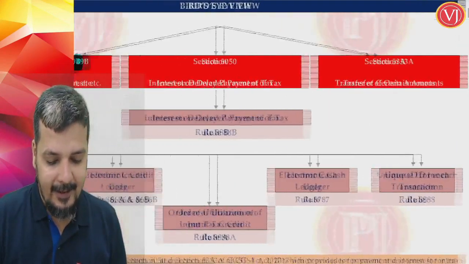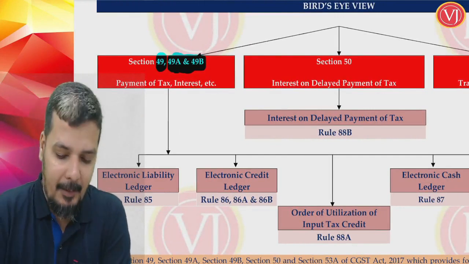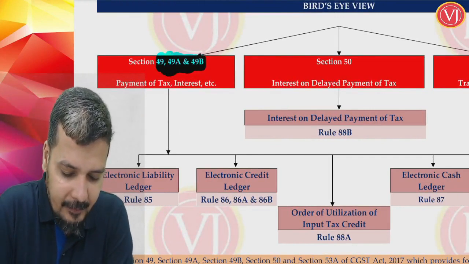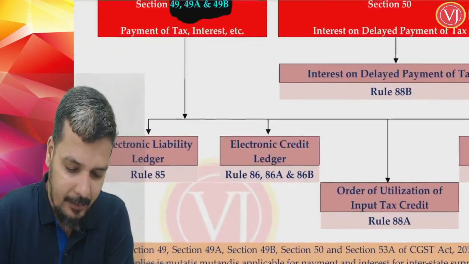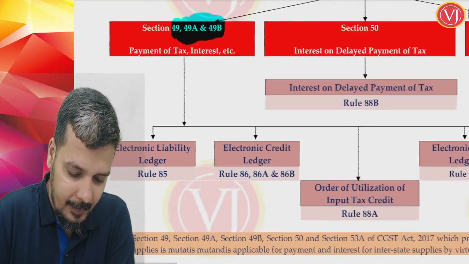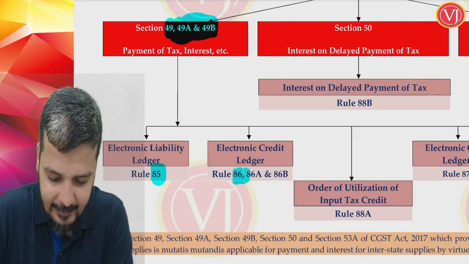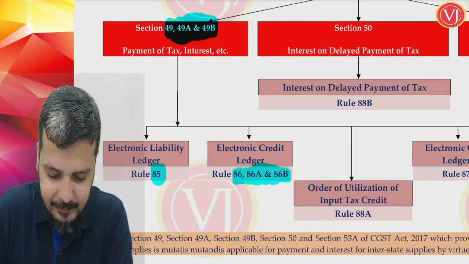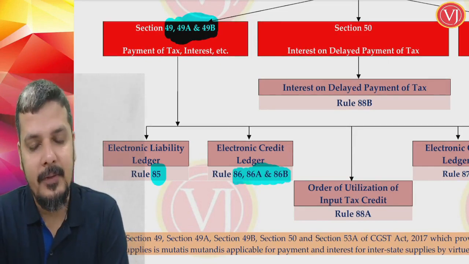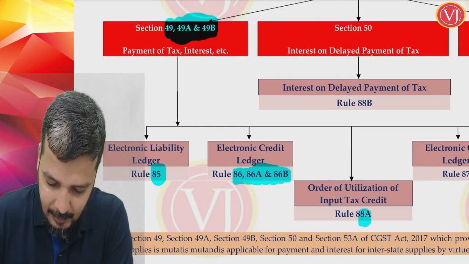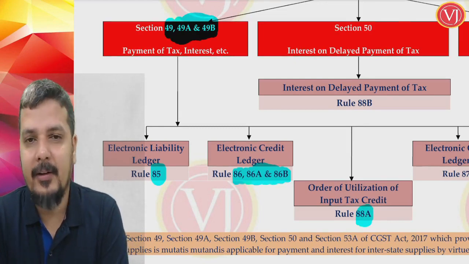Now coming back here, as discussed, the provision that discusses this particular payment is section 49, 49A, 49B. Read along with, when you see your rules, you will find rule 85 electronic liability ledger, 86, 86A, 86B basically talks about your electronic credit ledger. Read along with 88A, that also discusses your electronic credit ledger.